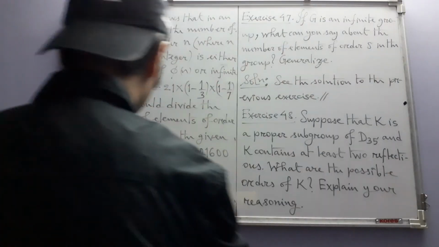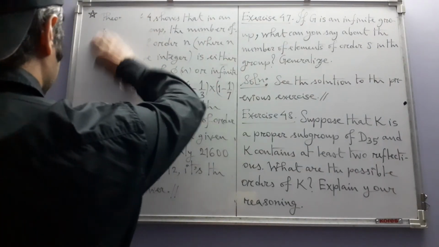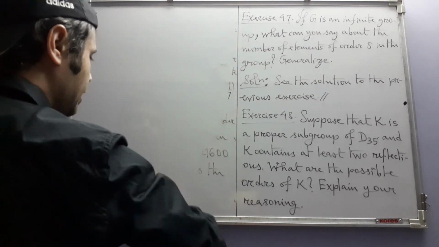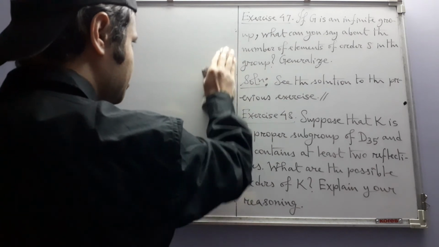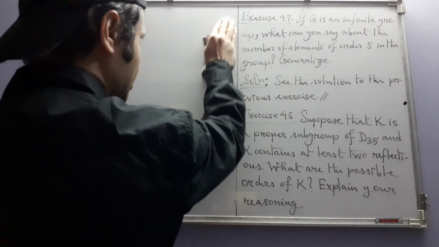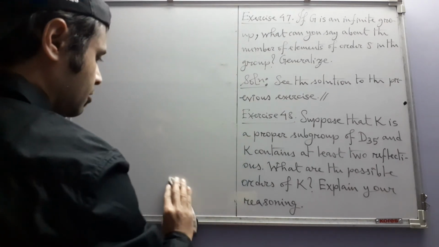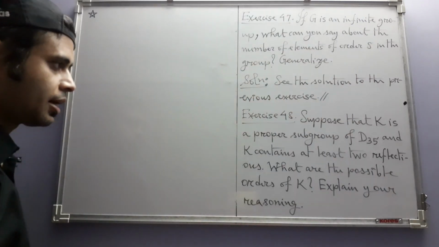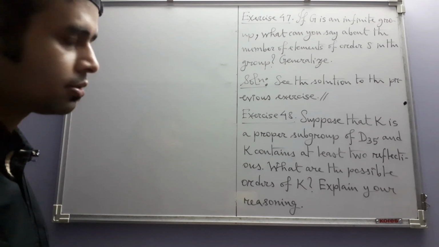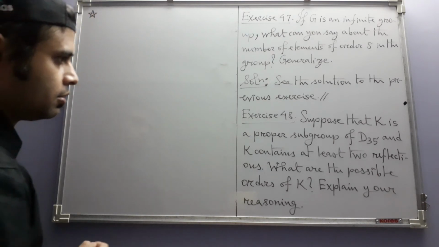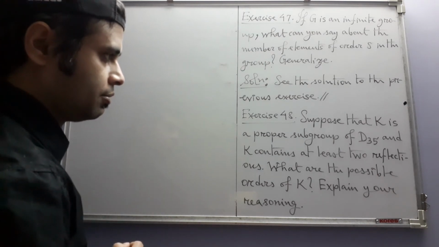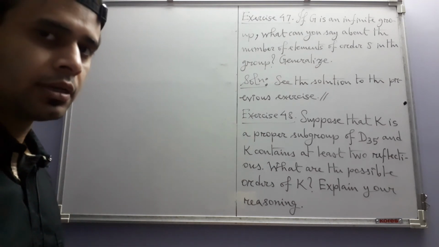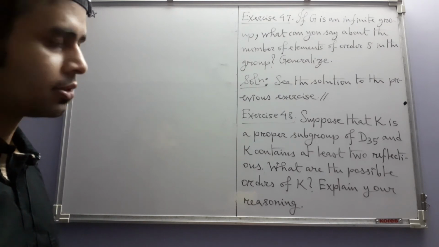Before we leave this exercise, let us just briefly see why I am leaving it. You may be able to solve it, I hope you do, or I hope I myself am able to do it after some more thought. So D35, we know, has 35 reflections and 35 rotations.